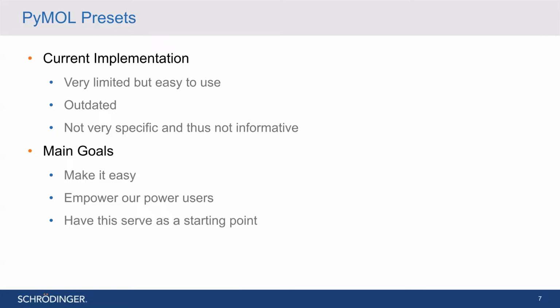And the last bullet point here is that they're not very specific and not very informative or technically oriented, because there's a limited selection of presets that you can pick from, right? So if we're going to give you 8 or 10 presets to pick from, they really can't be specialized in any meaningful way, right?